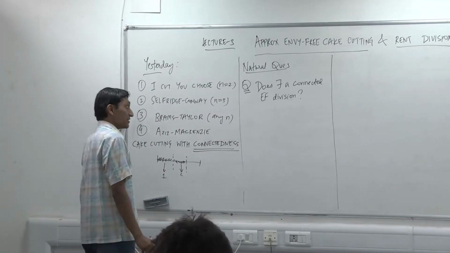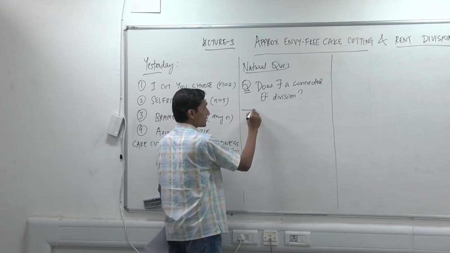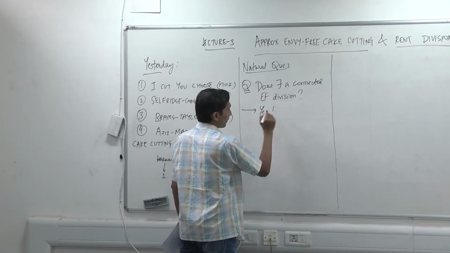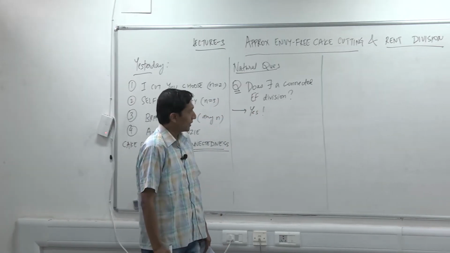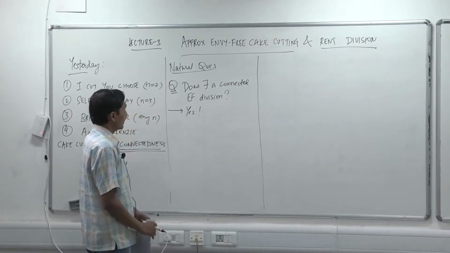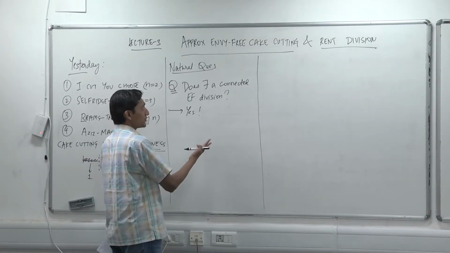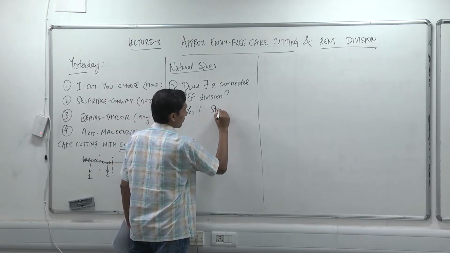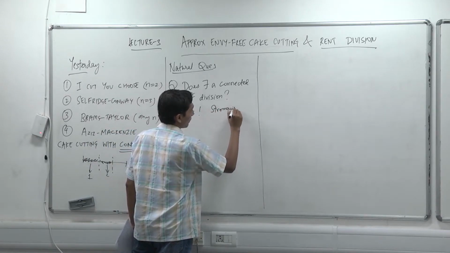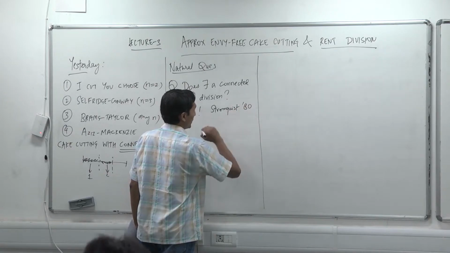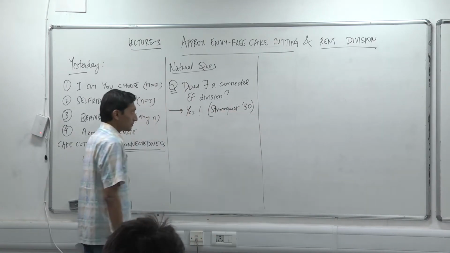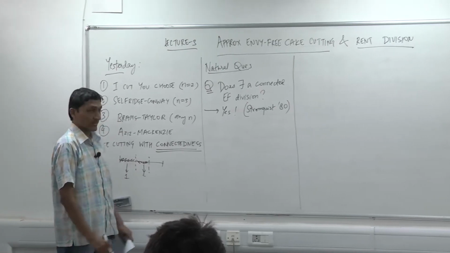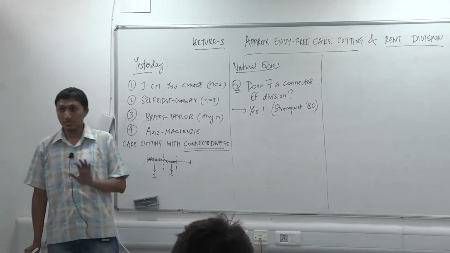And the answer to this question is yes, it always exists. The first proof of this fact that I know of is by Stromquist in a paper from 1980, I think. So that's great. The object that we are looking for always exists.